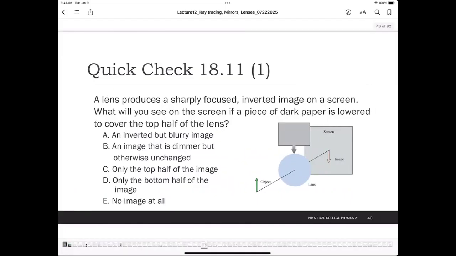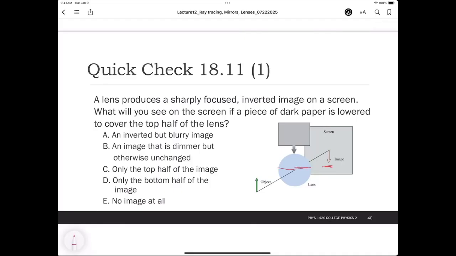A lens produces a sharply focused inverted image on a screen. What will you see on screen if a piece of dark paper is lowered to cover the top half of the lens?